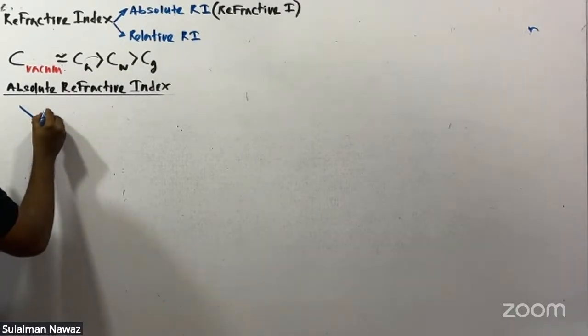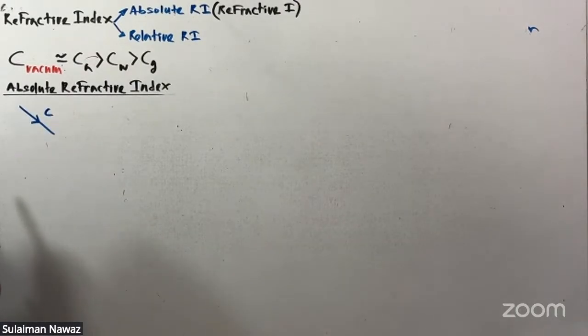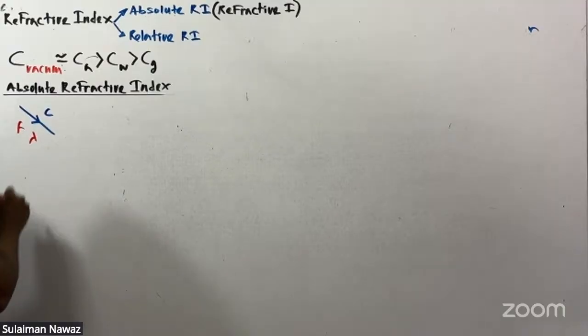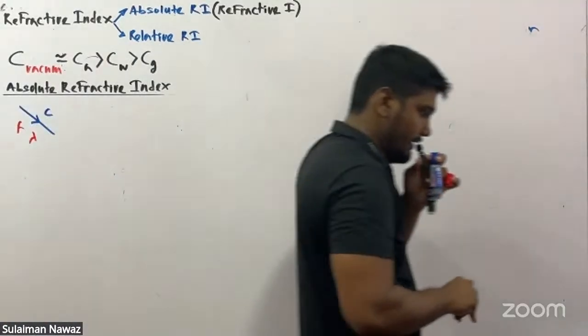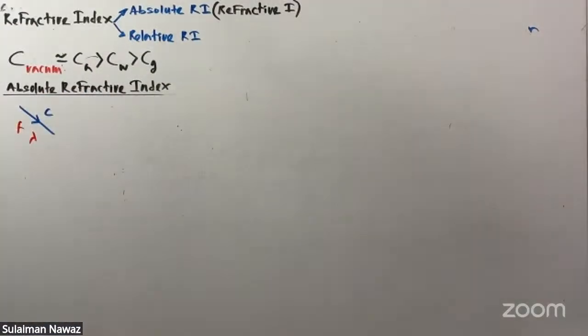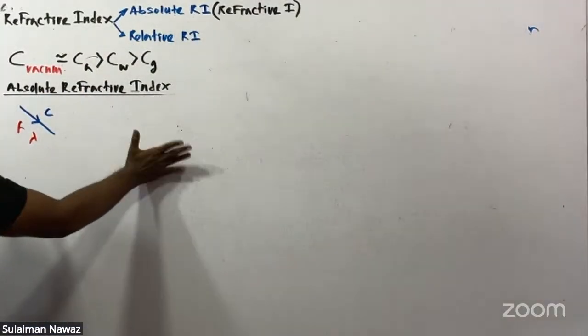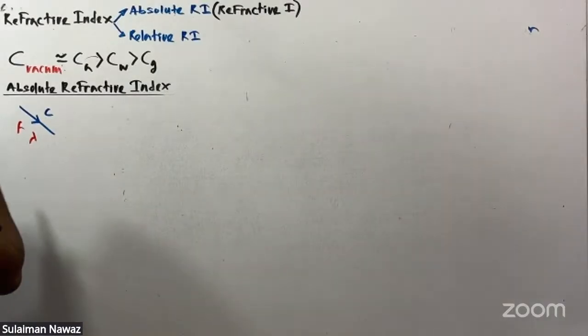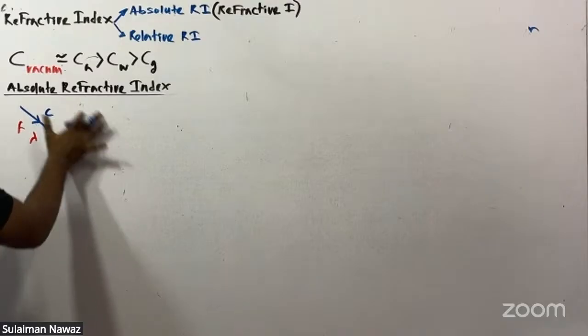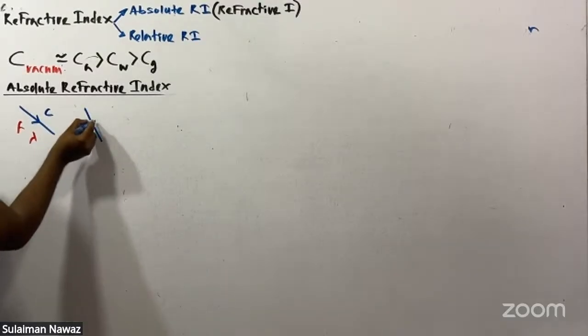Then the speed is, let's say, c, the frequency of the light ray is f, and the corresponding wavelength is lambda. Suddenly, that light ray enters a certain medium. It can be water or glass or whatever.